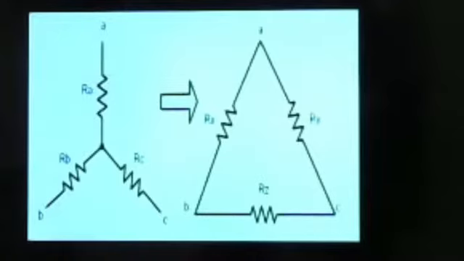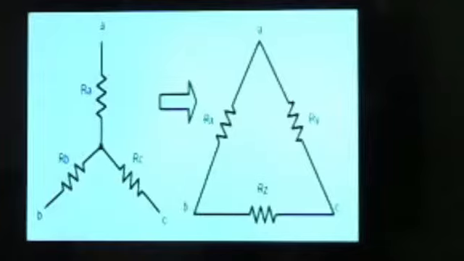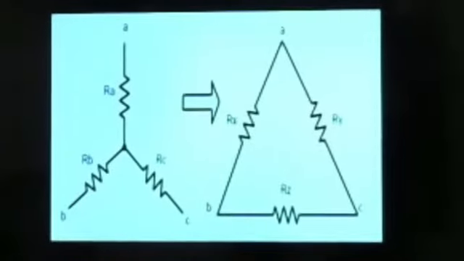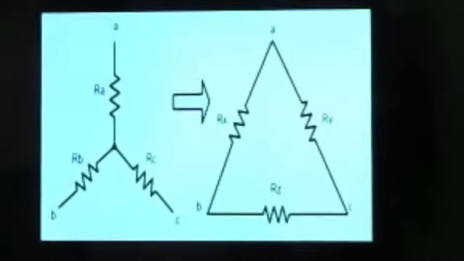Connected resistors. So we have here our Rx, we have our Ry, then we have our Rz. And then we have the Y system. We have Ra, Rb, and Rc.